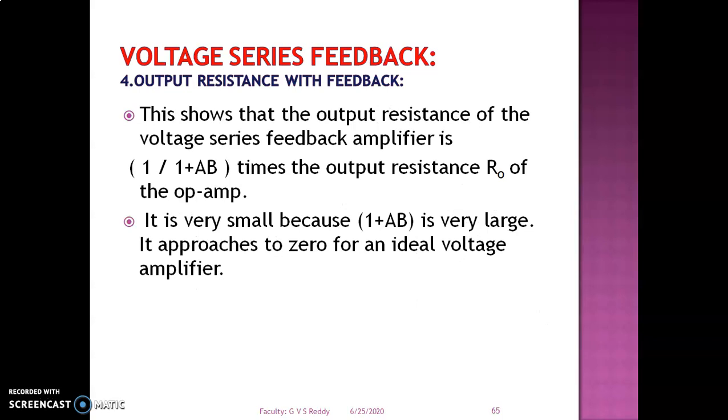This equation represents that the output resistance of the voltage series feedback amplifier is 1 over 1 plus AB times the output resistance of the operational amplifier without feedback. So here this value is very small because 1 plus AB is very large. So it approaches 0 for an ideal voltage amplifier.